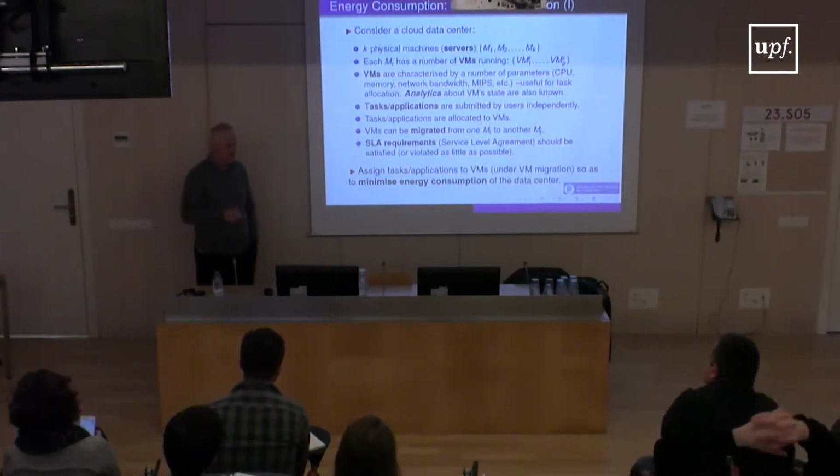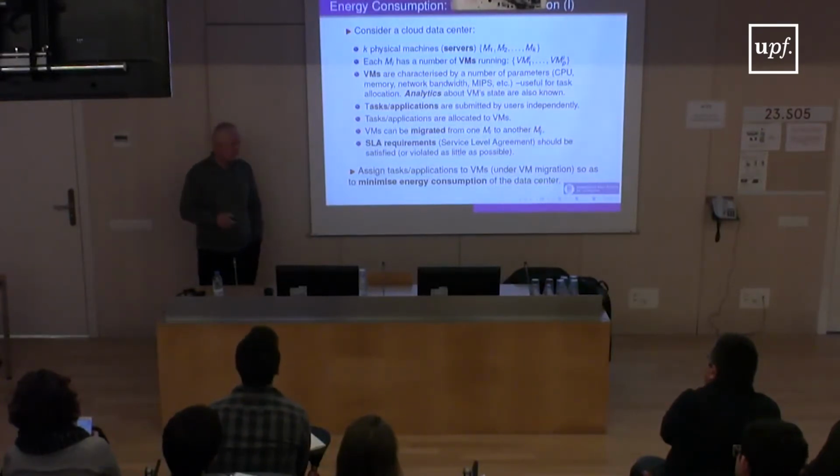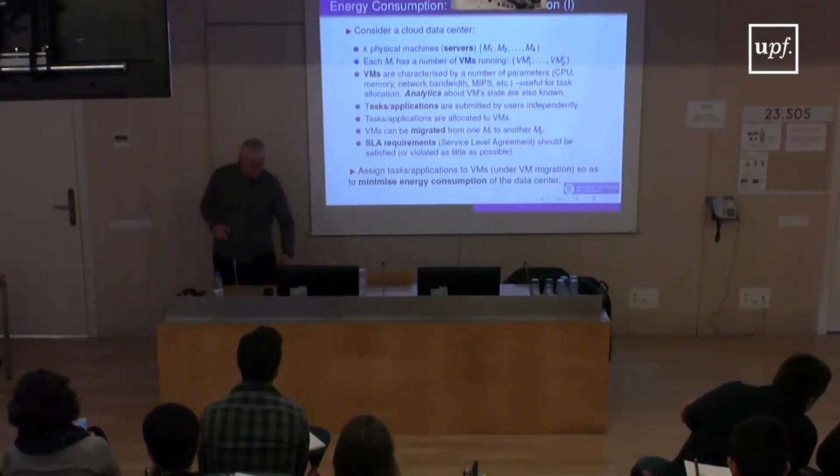The objective is actually to minimize energy. I'll show you several meta-heuristics that can be used for that. But we also want to see, if some meta-heuristics perform fine for minimizing the energy, how about the service level agreement? Do they violate the service level requirements a lot or a little?